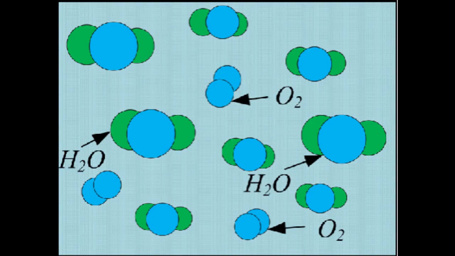Since the amount of dissolved oxygen is fairly low compared to the amount of oxygen in the air, hence the rate of breathing in aquatic organisms is much faster than the rate of breathing in terrestrial organisms.